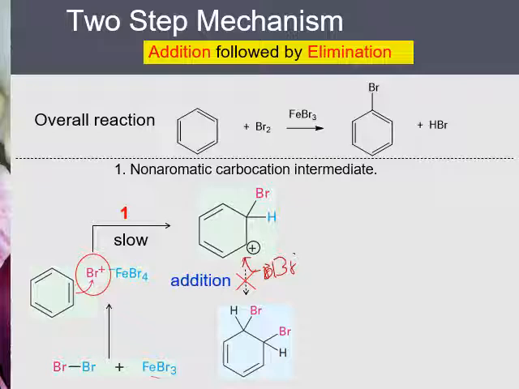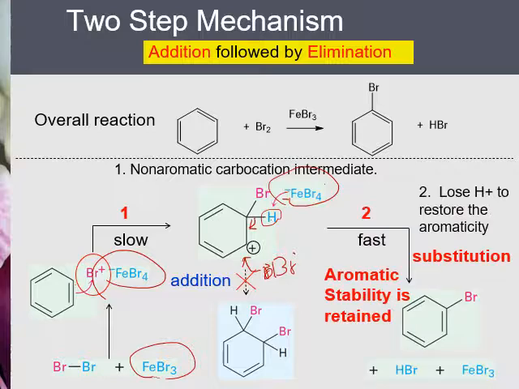Instead, hydrogen that is adjacent to the carbon bonded to bromine will be deprotonated by a base, and this base is generated in the first activation step when the iron bromide attacks one bromine to form iron tetrabromide with a lone pair electron. So that's a base, can take the proton away. So this bond breaks, the 2 electrons go to the carbon-carbon bond, forms a pi bond.